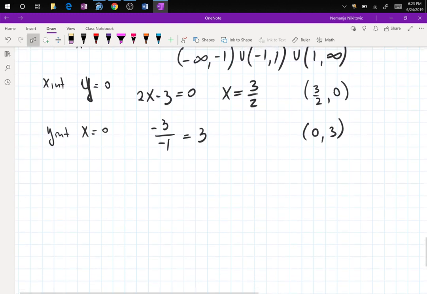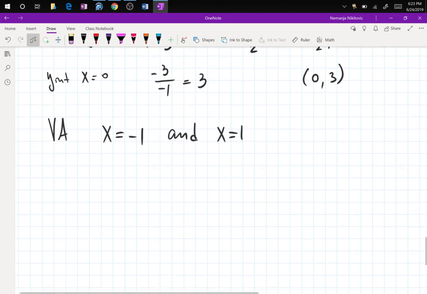Next is to get those asymptotes. So we have vertical asymptotes at x equals negative 1 and x equals 1, because those are the two interruptions in the domain where the denominator is equal to 0. Now, anytime you're working with asymptotes, if you are not sure, you have those limit definitions of asymptotes that you can unleash upon the problem to verify.